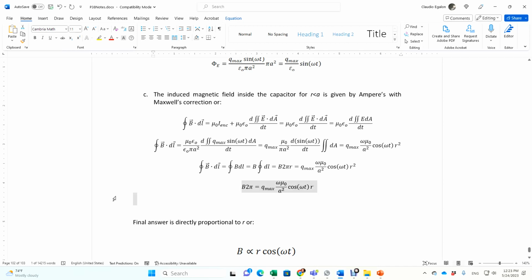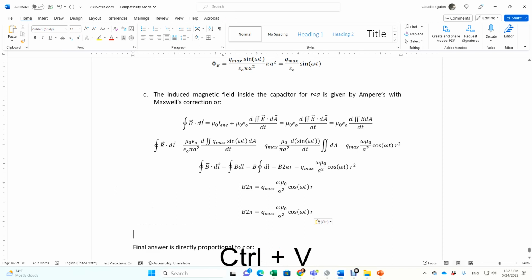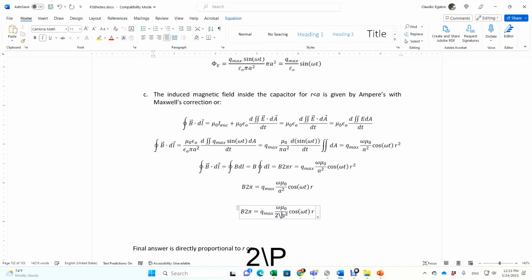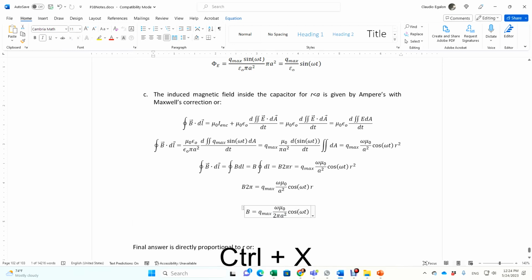And then we can finalize our relation here. 2 pi. Note that the B field increases linearly within the area of the capacitor, but it also varies as time goes by.